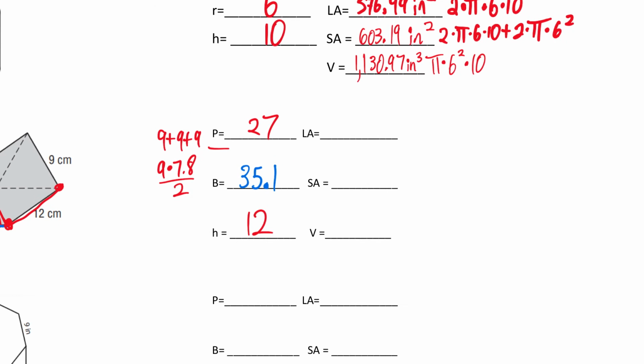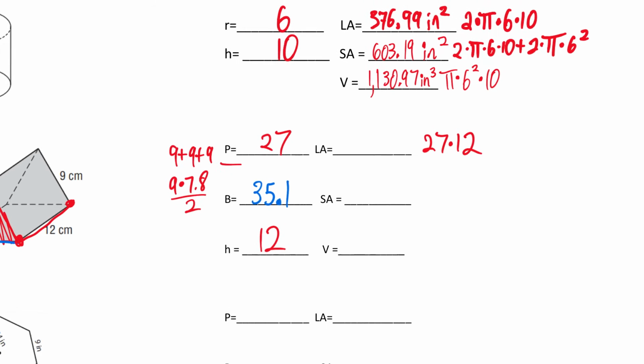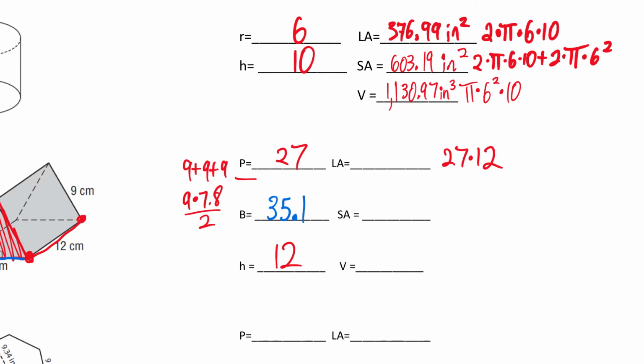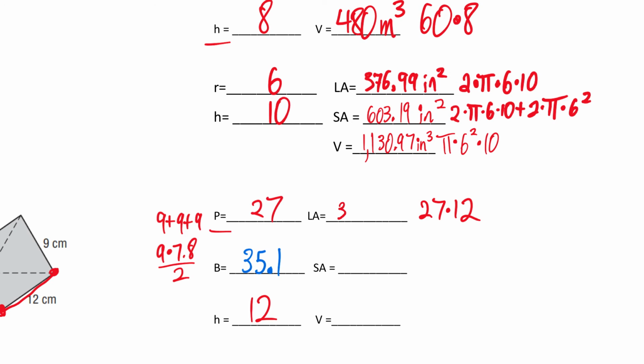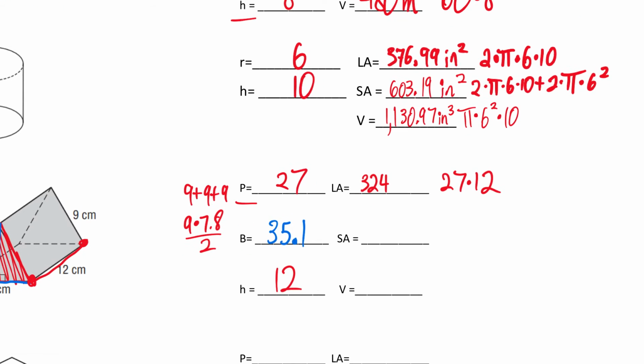So now we're going to do P times H, so 27 times 12. 27 times 12 is what? 324. Okay. 324 square centimeters. All right. You were probably doing the other one. P times H plus 2 times B for the total. What's that?